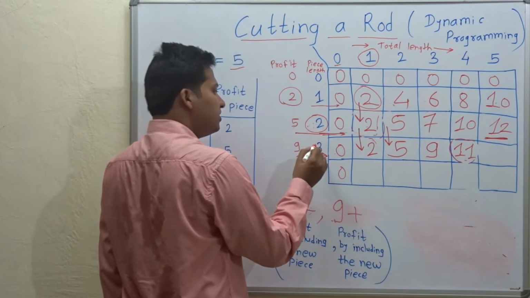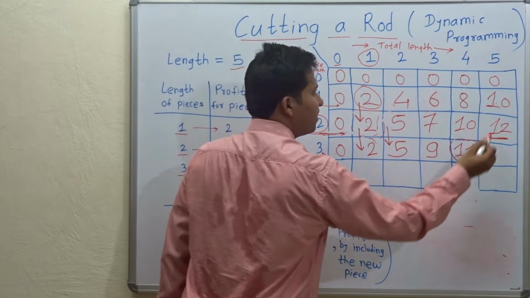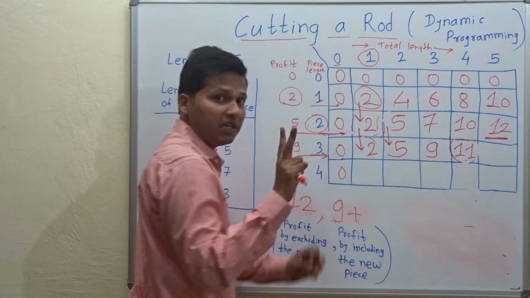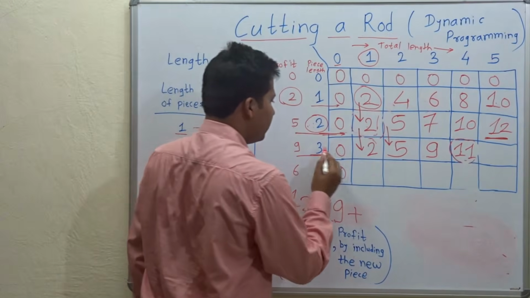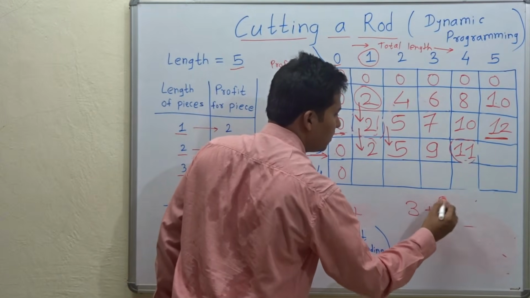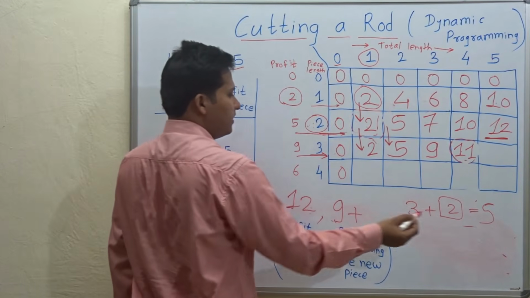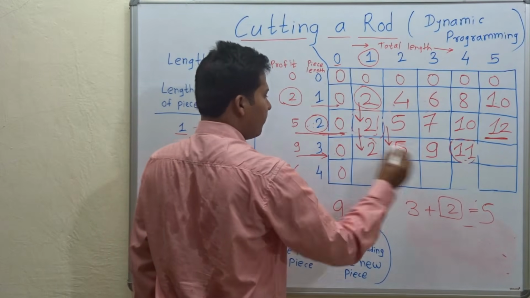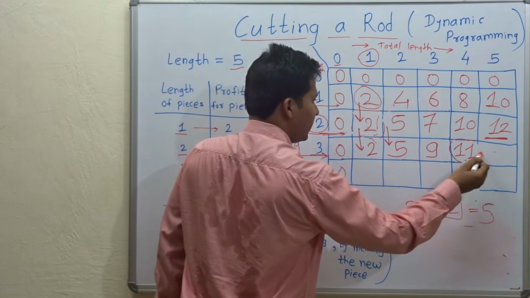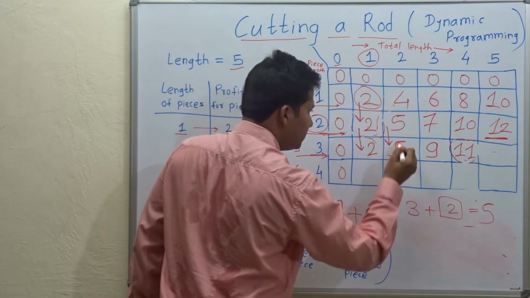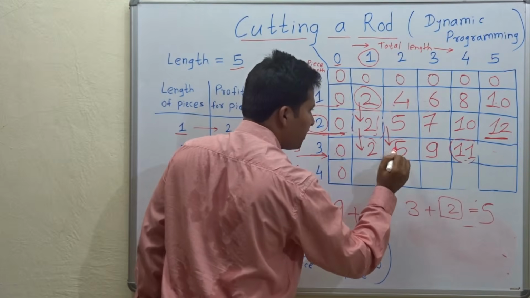So if you include this piece of 3 to make a total of 5, what is the remaining length? 2. 2 is the remaining length, meaning 3 plus 2 is equal to 5. Okay, so to make 2, you have to go to the same row, second cell, and the profit is 5.